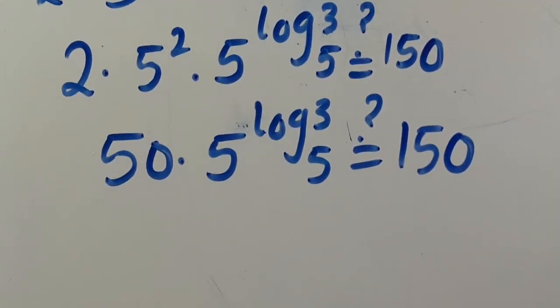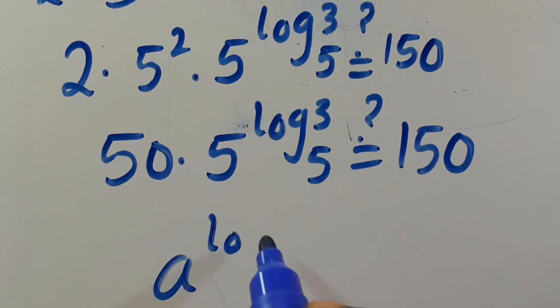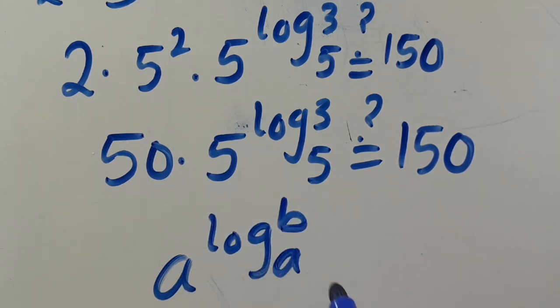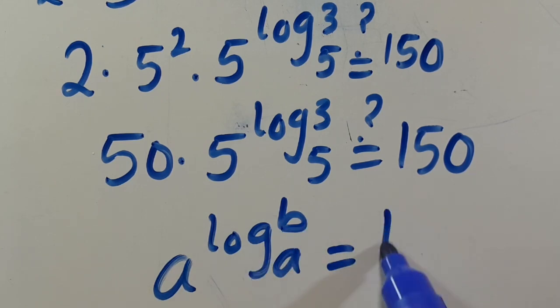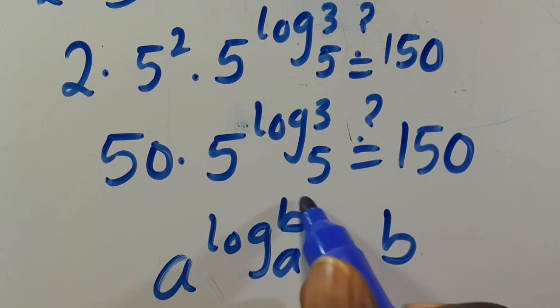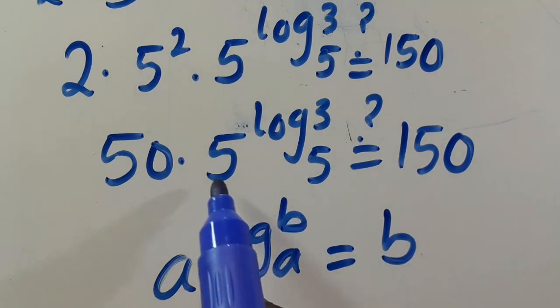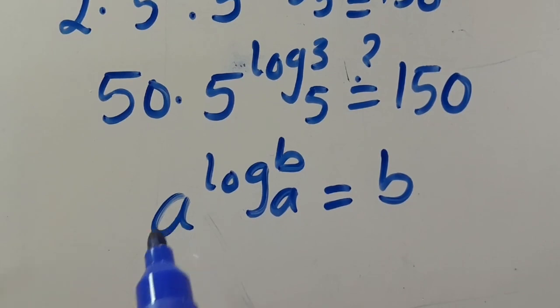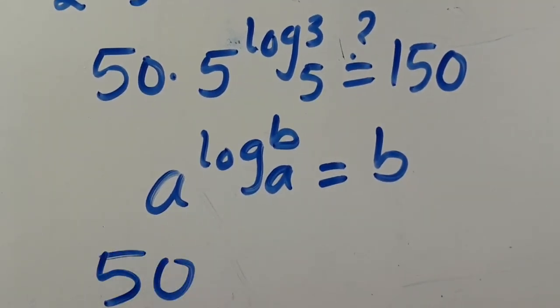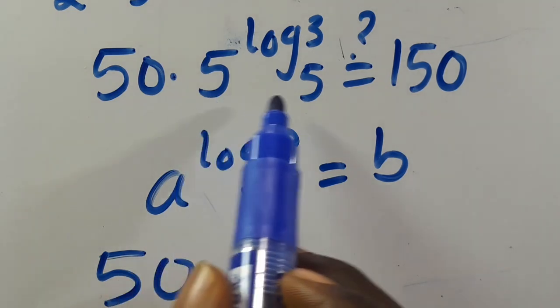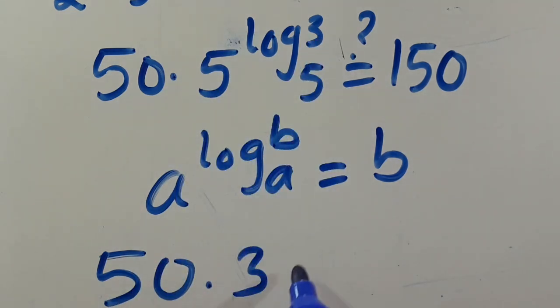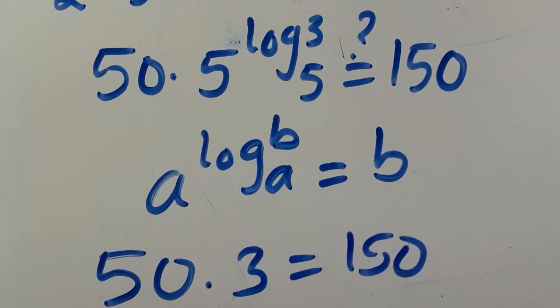Then let us recall from the law of logarithm, when you have a to the power of log b to the base of a, the output of this is equivalent to b. Why? Because they have the same base as here and here. And according to the law of logarithm, the output will be this b. By just applying it here, we realize that we are going to have 50, then multiply by this, which is 3, which is equivalent to 150.